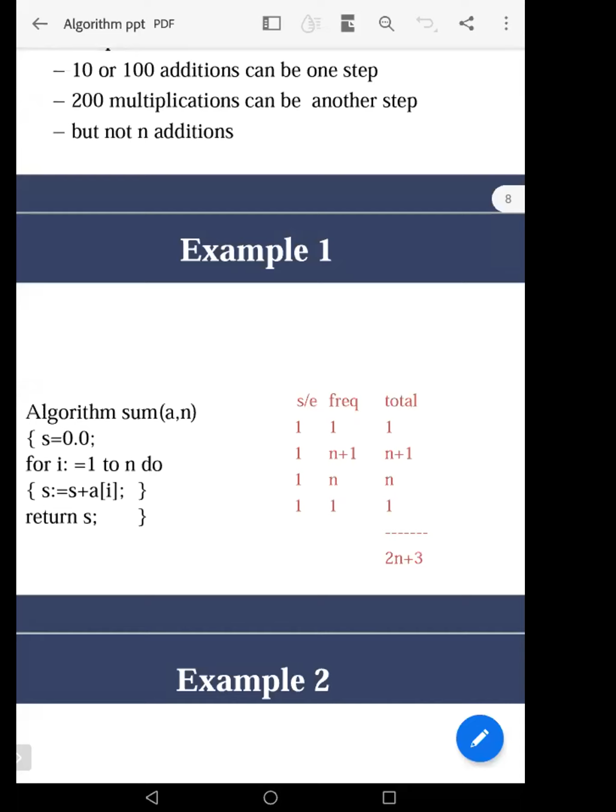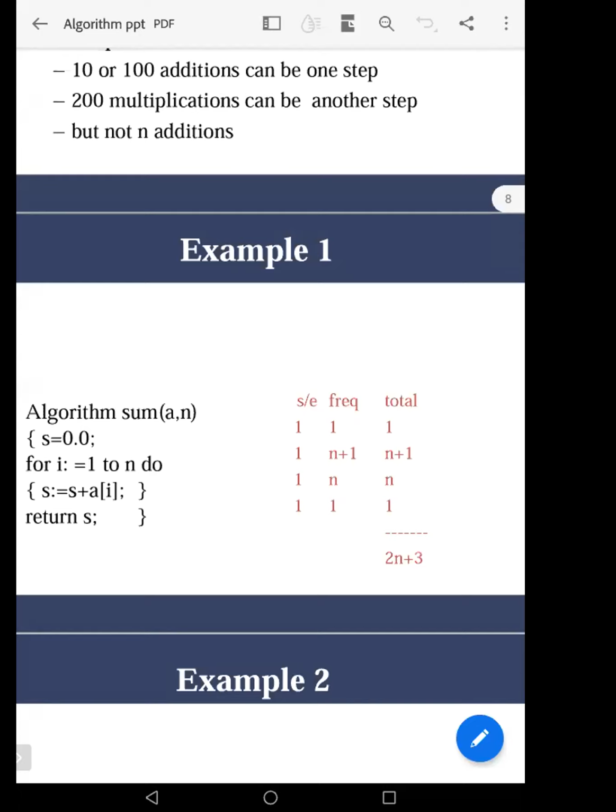So that's the testing part: how many times the loop will be executed. When we talk about the loop header, we also count when we can exit from the loop. That's why it is n plus 1.